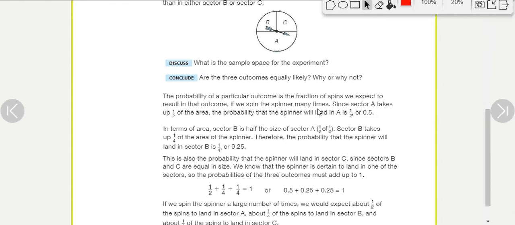So in terms of probability for letter B, I would say because the area is 1/4, I would actually also be able to say that its probability is 1/4. And the probability of C is 1/4. Whereas A looks like half of a circle. These are actually directly equal, they're fractions of the circle.